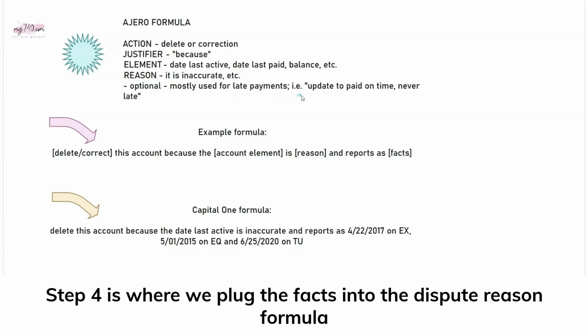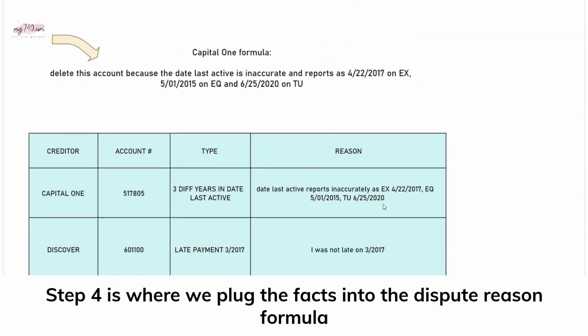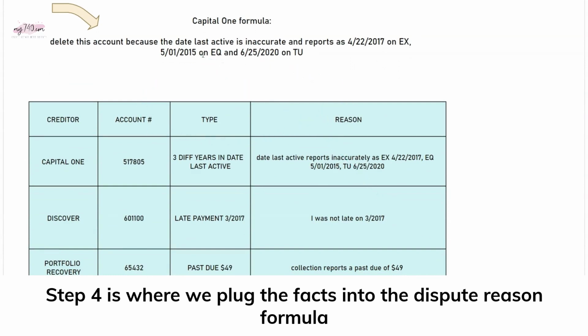So our example formula is delete or correct this account because the account element is reason and reports as facts. So using Capital One, we're going to say delete this account because the date last active is inaccurate and reports as 417 on Experian, 5/2015 on Equifax, and 6/2020 on TransUnion.